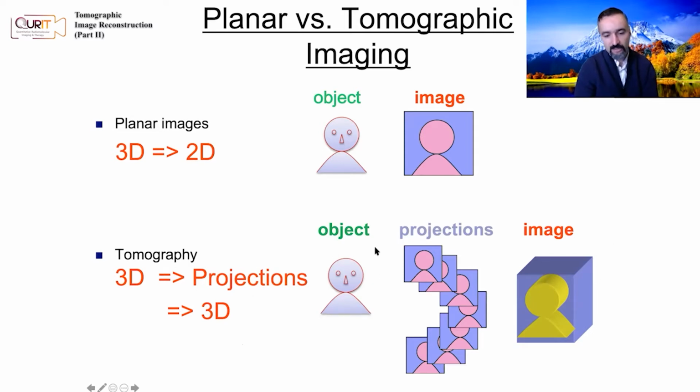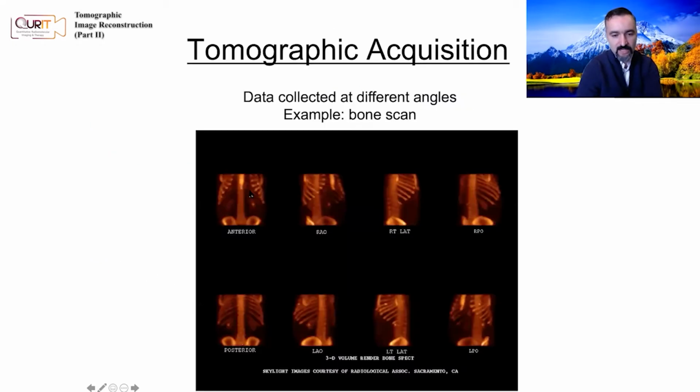However, in tomography, you do the projections at different angles, for example, as you rotate a detector around the patient. That gives you a series of projections at different angles, and then you reconstruct these into a volumetric 3D image as opposed to just a 2D image. We've talked about some of these aspects before.